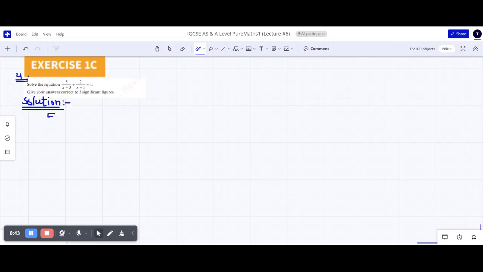So here it's 5 over x minus 3 plus 2 over x plus 1 equals 1. The first thing is, if we have a positive or negative sign between the two fractions, we have to find the common denominator.